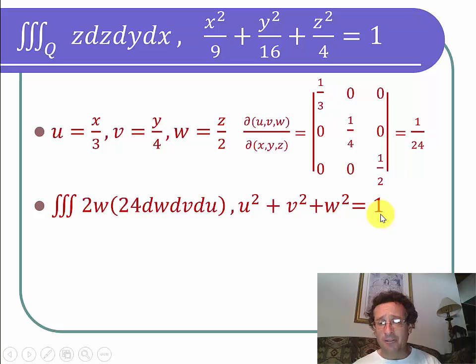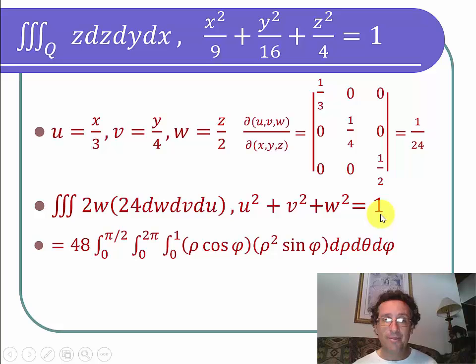But that's a unit sphere, which means, of course, I should use spherical coordinates, which I do. So I get 2 times 24 is 48. w in spherical coordinates, that's the third coordinate now, and that's rho times the cosine of phi.